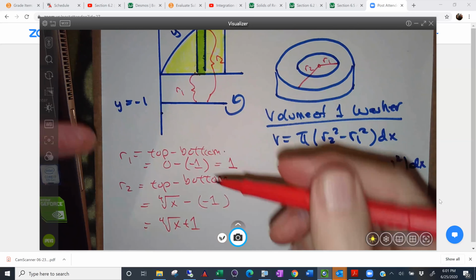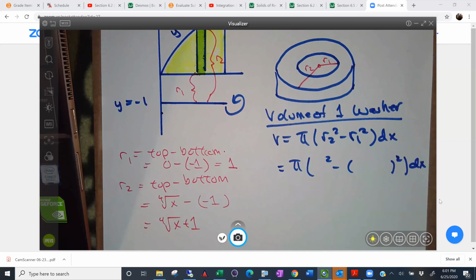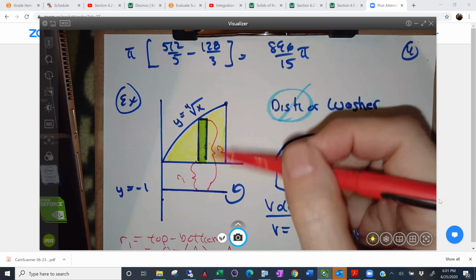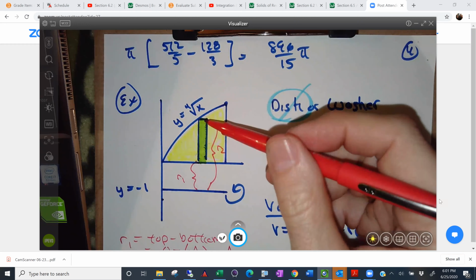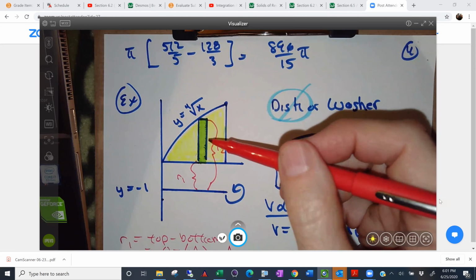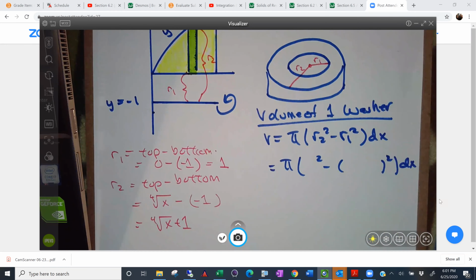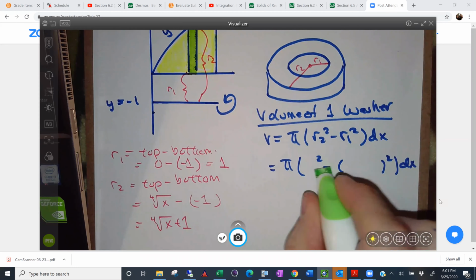And drawing these slices back in section 6.1 might have seemed like a pain. But I was just trying to get you in a good habit, establish that muscle memory so that you're a little bit more comfortable with these slices, because drawing these and having a good mental picture of R2 and R1 really helps out. So let's put these in, and I'm realizing that I probably drew this backwards.